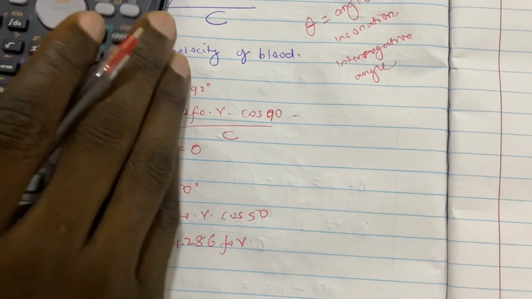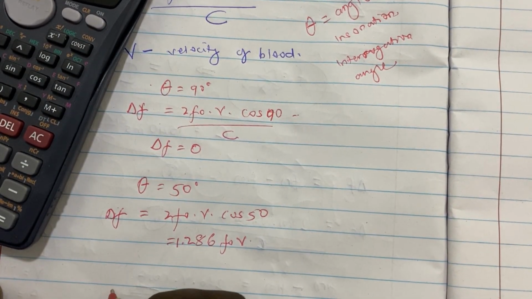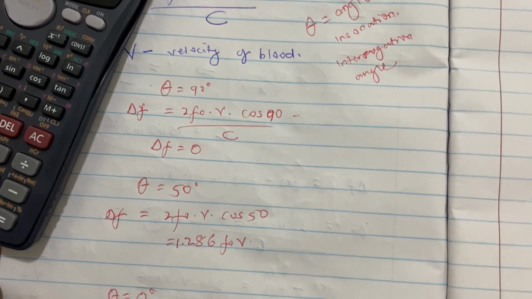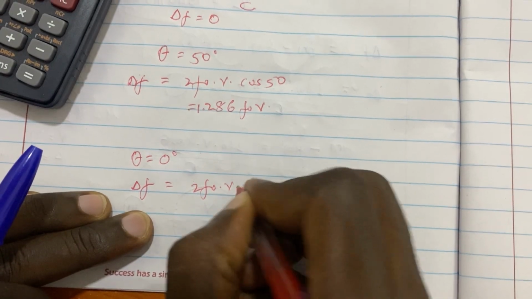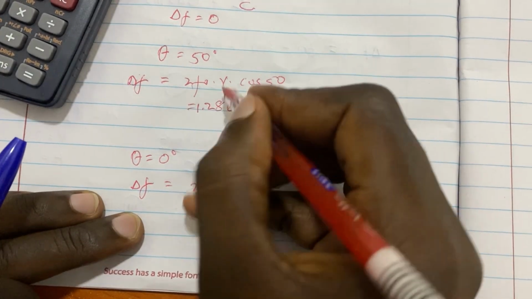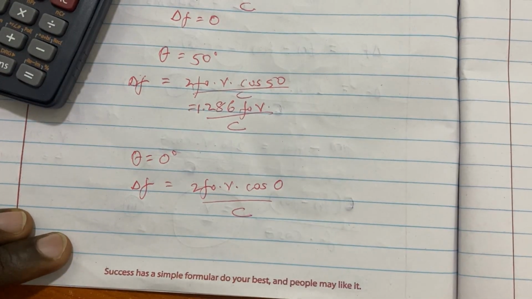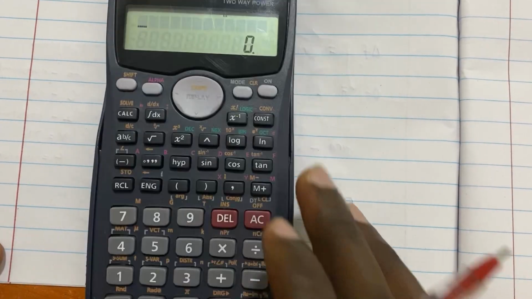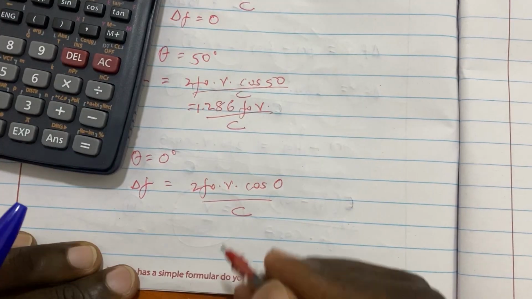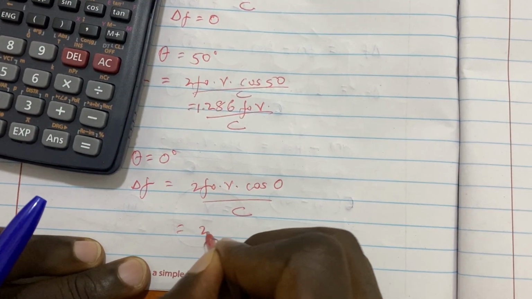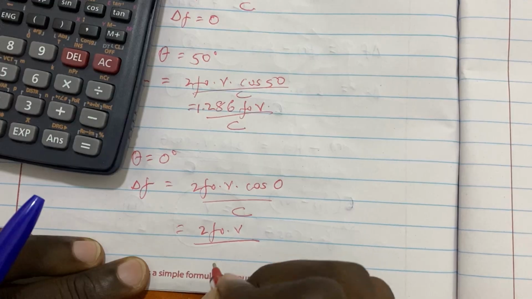For theta equal to 0 degrees, the Doppler shift will equal 2 f naught into V into cos of 0, over C. Cosine of 0 is 1, so it will be 2 f naught V over C.